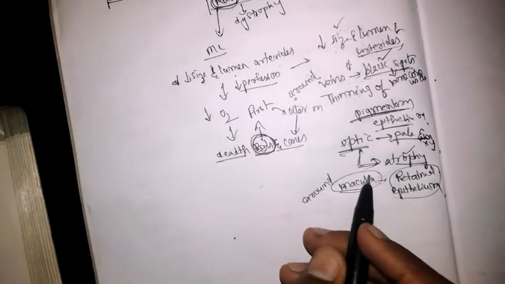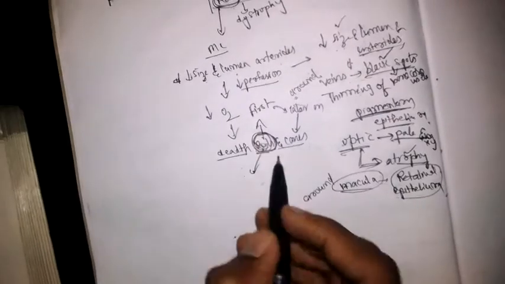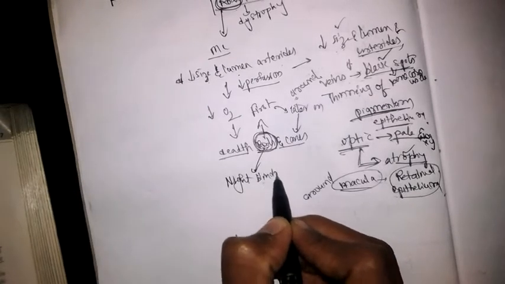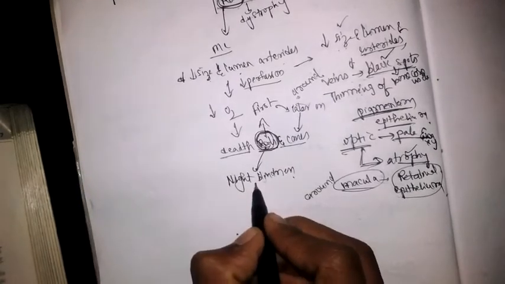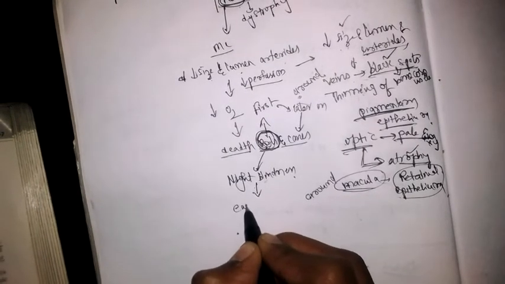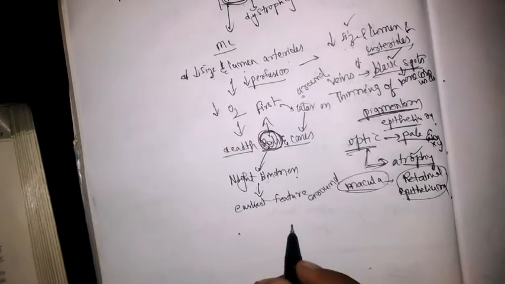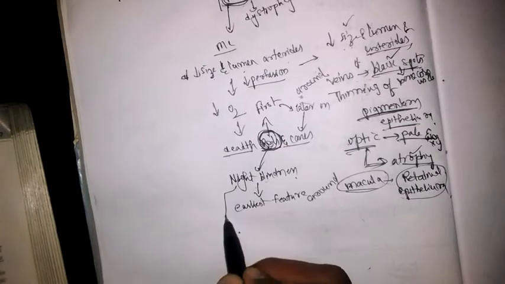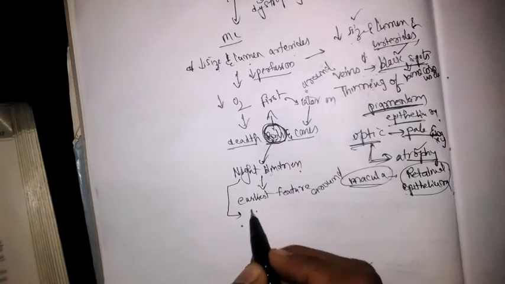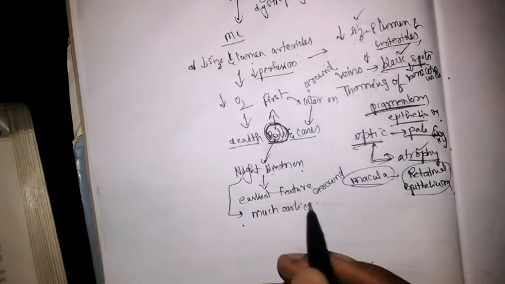As the rods are getting affected, what you see is night blindness, and this night blindness is the earliest symptom or earliest feature that we observe. It appears before the other clinical symptoms arise, much earlier than other clinical symptoms.